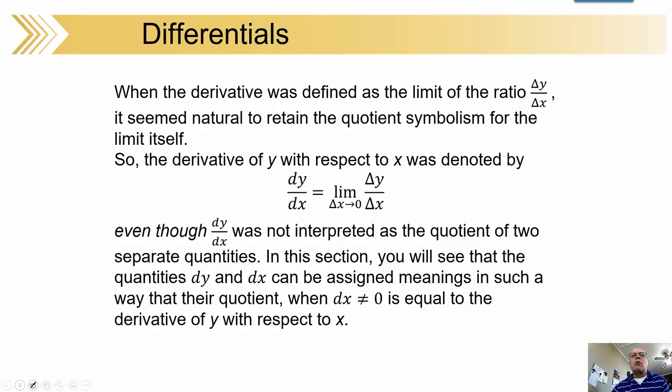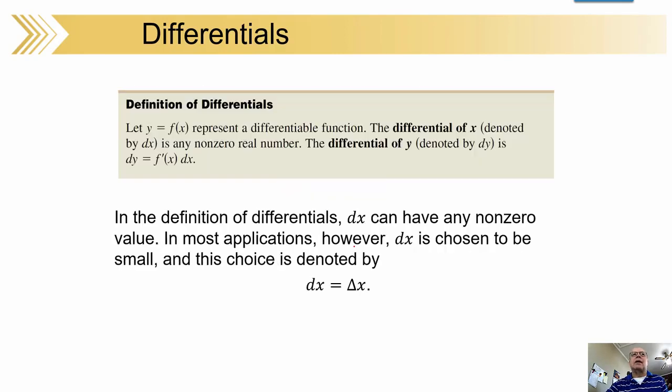And of course, before we roll along here, if we're going to talk about dy/dx, we can't have 0 in the denominator. We know better than that. So the definition of differentials: the differential of x is dx, the differential of y is dy.